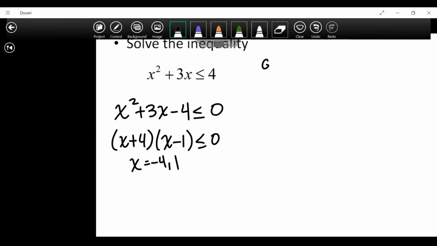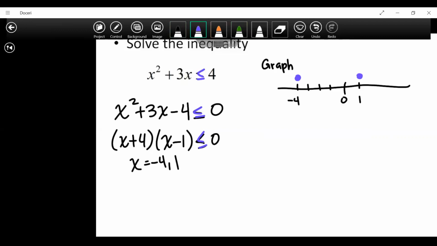Our graph on our number line here. Let's see, 1, 2, 3, 4, -4. And we're going to look at +1 here. Open or closed circles? Closed. Our inequality is less than or equal to, so closed on -4, closed on 1. Because it's less than or equal to, are they connected?